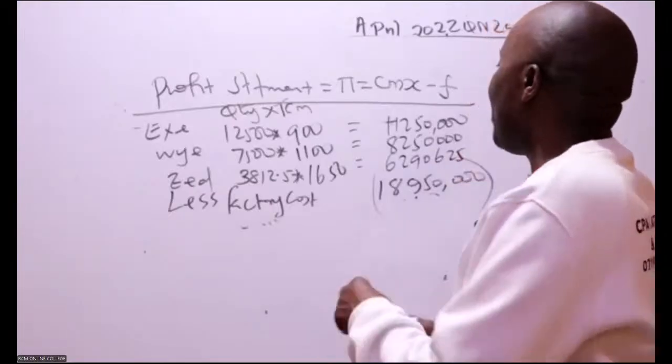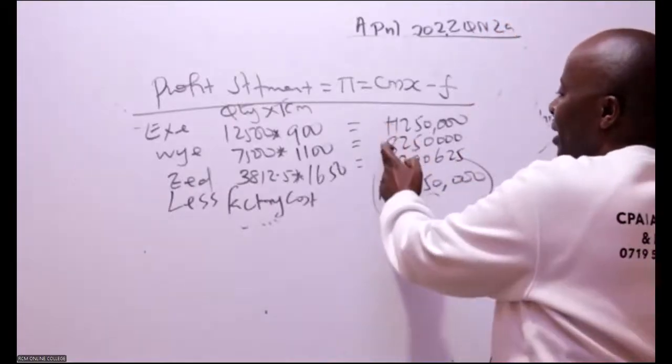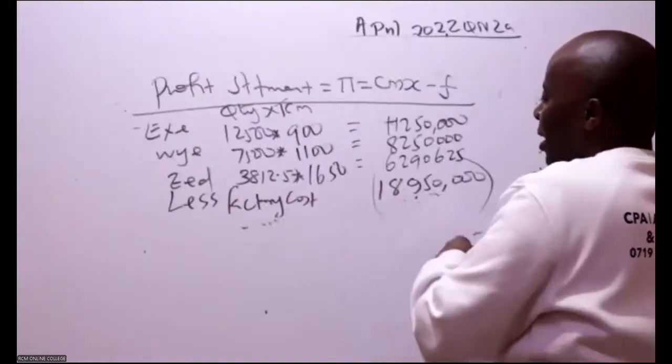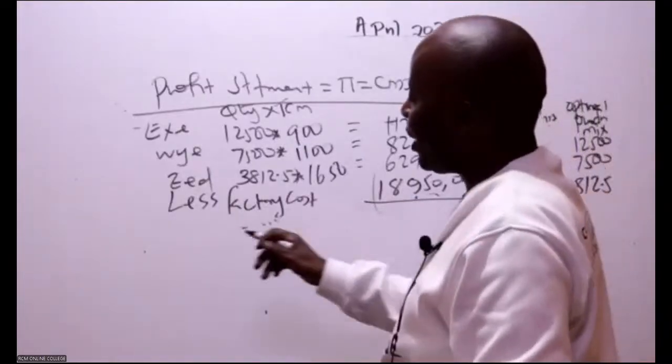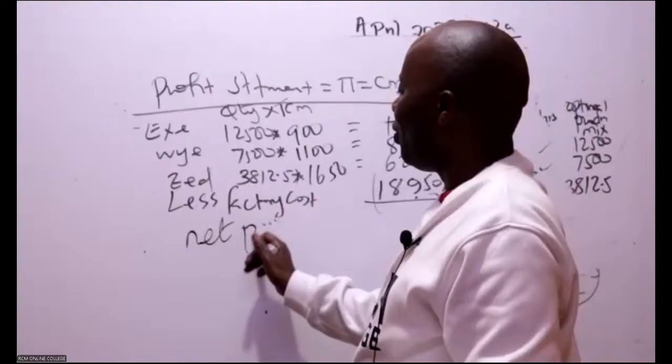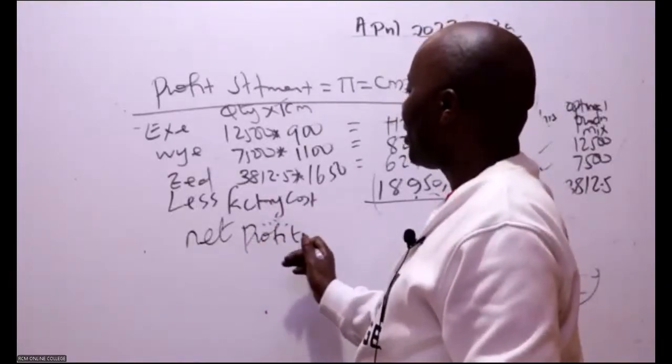So can someone do me a favor? Take this plus this minus this and give me the net profit. If you do it that way, you'll be able to get all the marks.